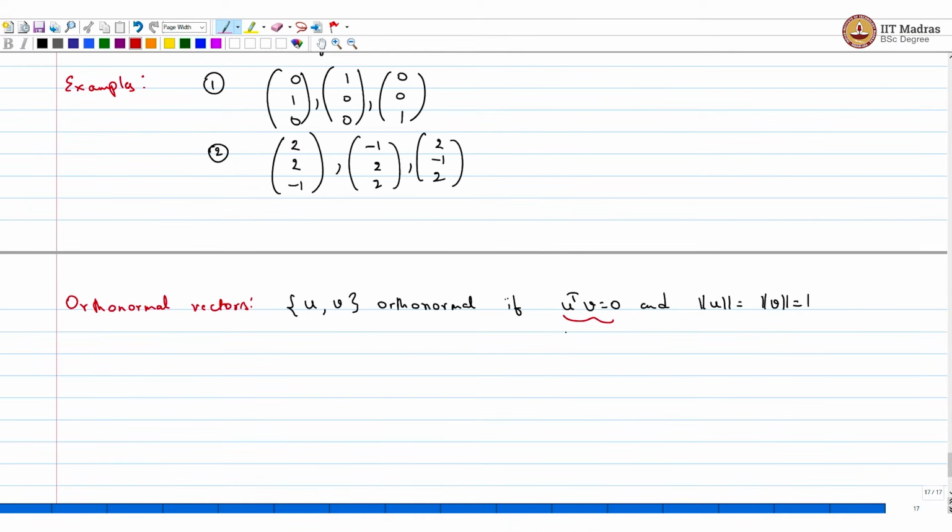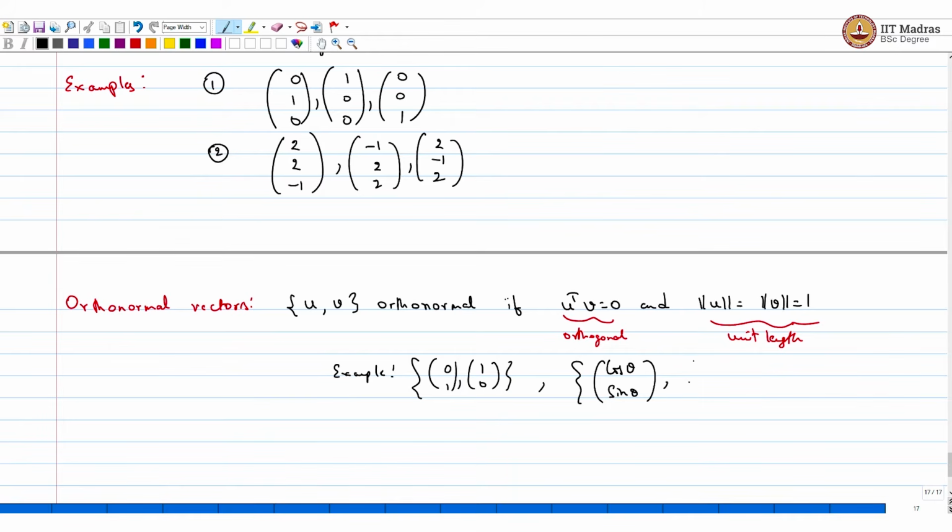So this is orthogonal, this is unit length. Again, an example is (0, 1), (1, 0). Another example is (cos theta, sin theta), (minus sin theta, cos theta). These are two examples.